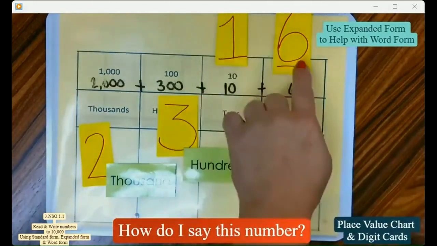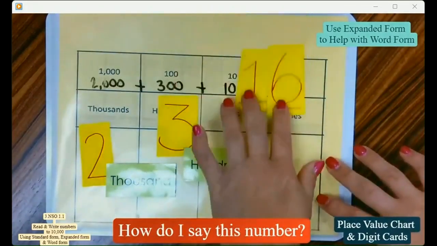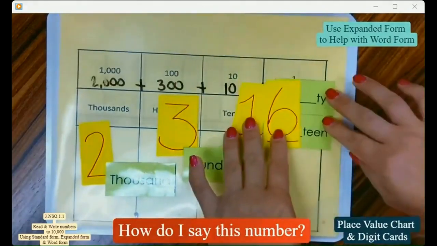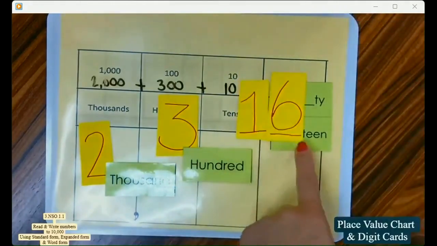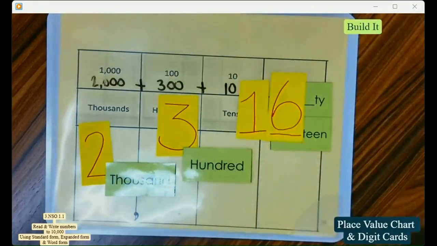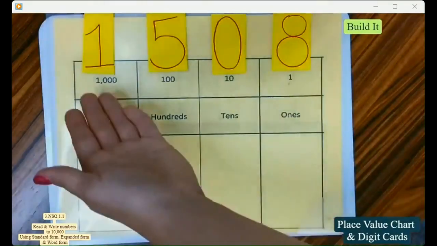Students will see that since we only have 1 ten and 6 ones, which equals 16, when I put the numbers together with the tens and the ones, I would say 16 in this instance and not 10t.